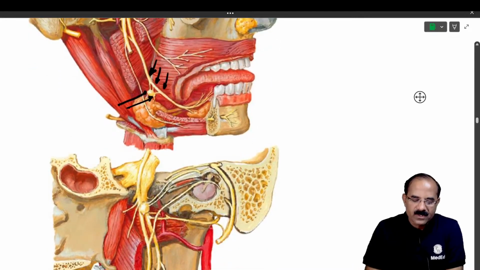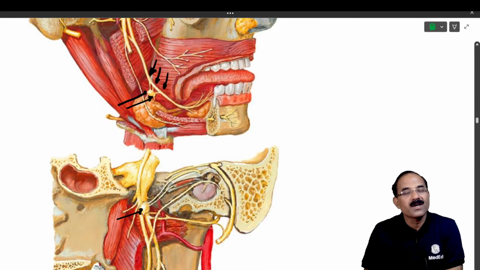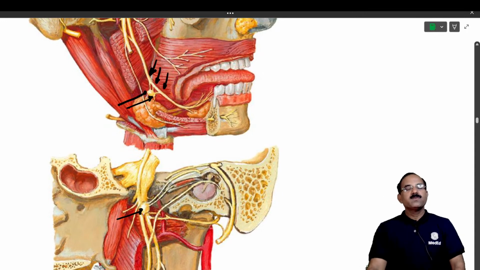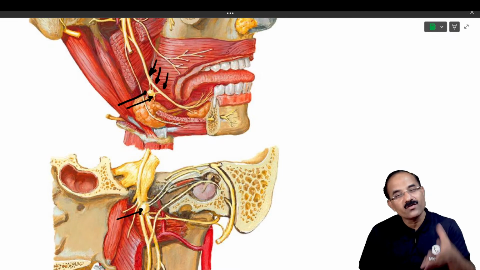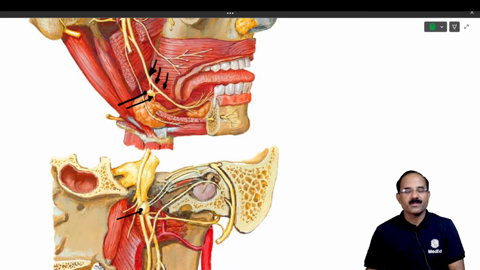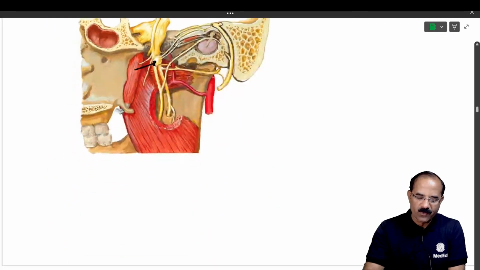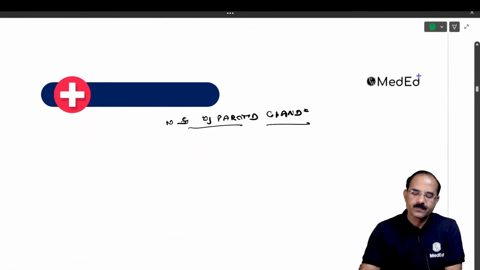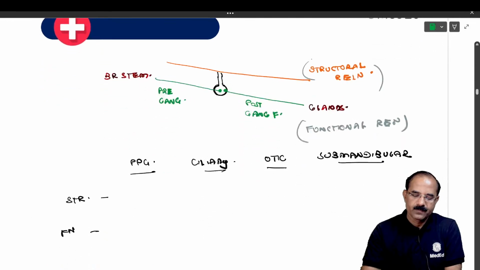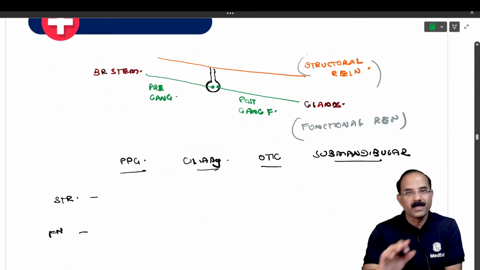Okay, and what is this ganglion? This is the otic ganglion. And this otic ganglion is related to which nerve? Mandibular nerve. Okay, fine. Very good. We'll just finish this. Let's write this first, then you write.